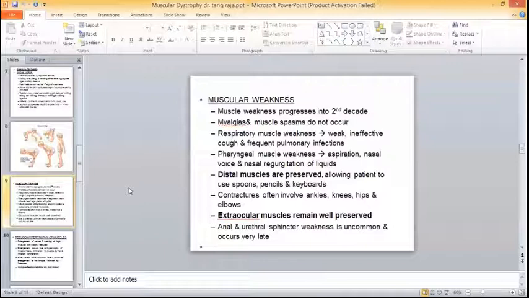And when you take the history, or in the scenario, it can be given that the distal portion, like combing, like buttoning, like using pencils, the patient would be able to do more precisely than the proximal part. Anal and urethral sphincter muscle involvement is uncommon and occurs very late. So these are the muscular part of the disease.